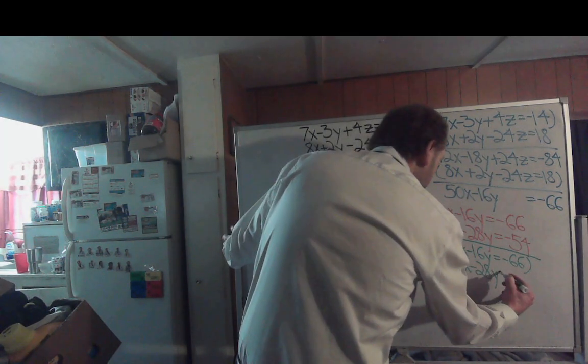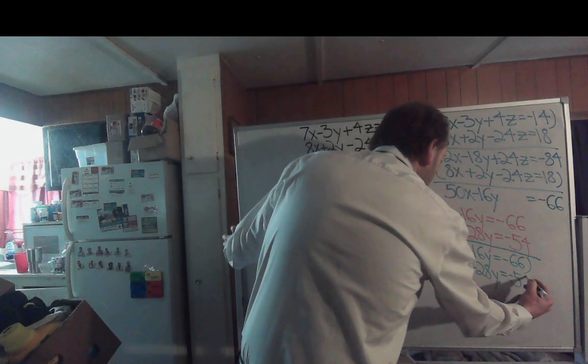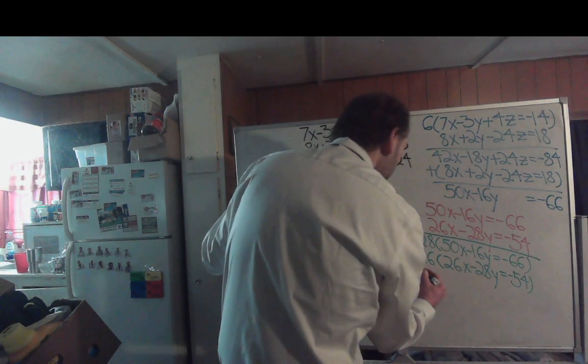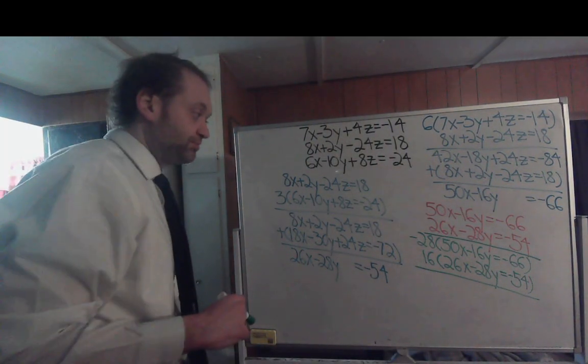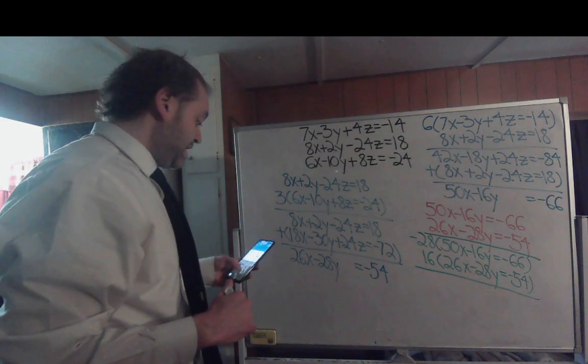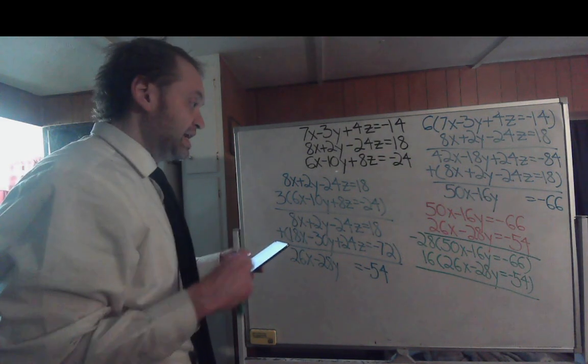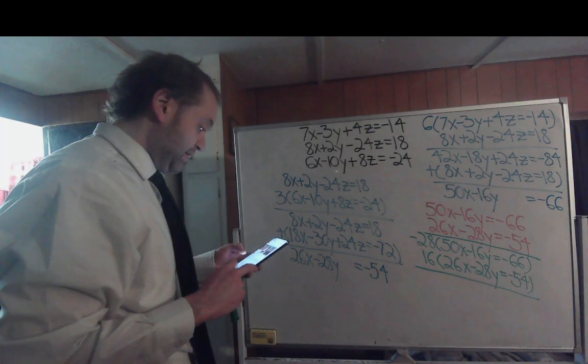Yeah, this is going to be awful. I'm not going to lie to y'all. This is going to be pretty bad. We're going to have some really big numbers. So now let's go ahead and distribute that negative 28 through everything.